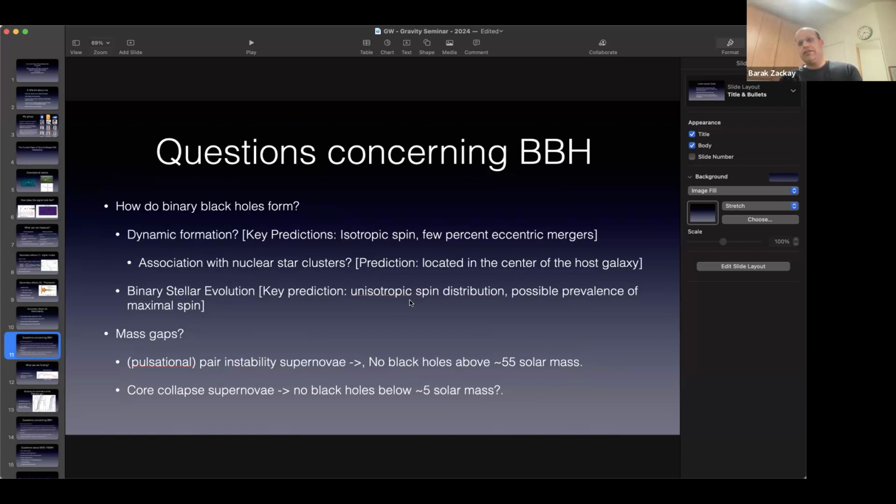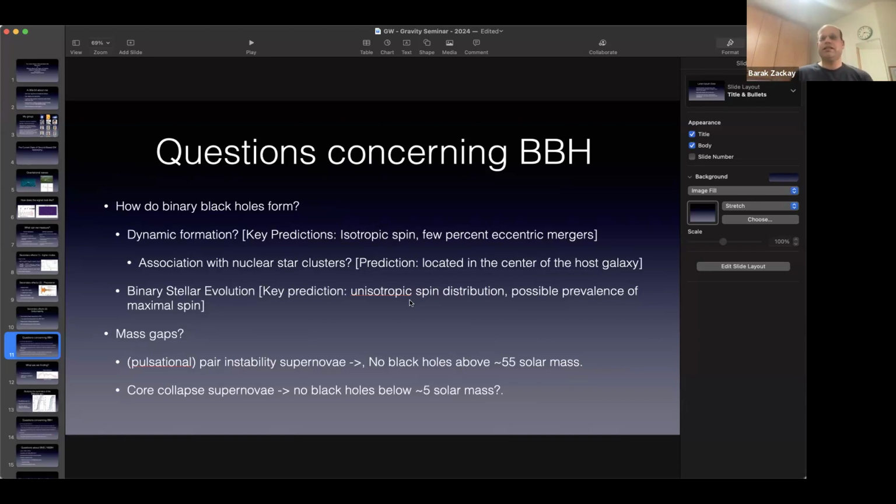The key prediction of this scenario is that the spin of the black holes knows nothing about the orbit that they will find themselves in in the end. And there's another key prediction that these triple body interactions might actually lead to formation of a system that is so eccentric that after one of those very close approaches, it will just merge.